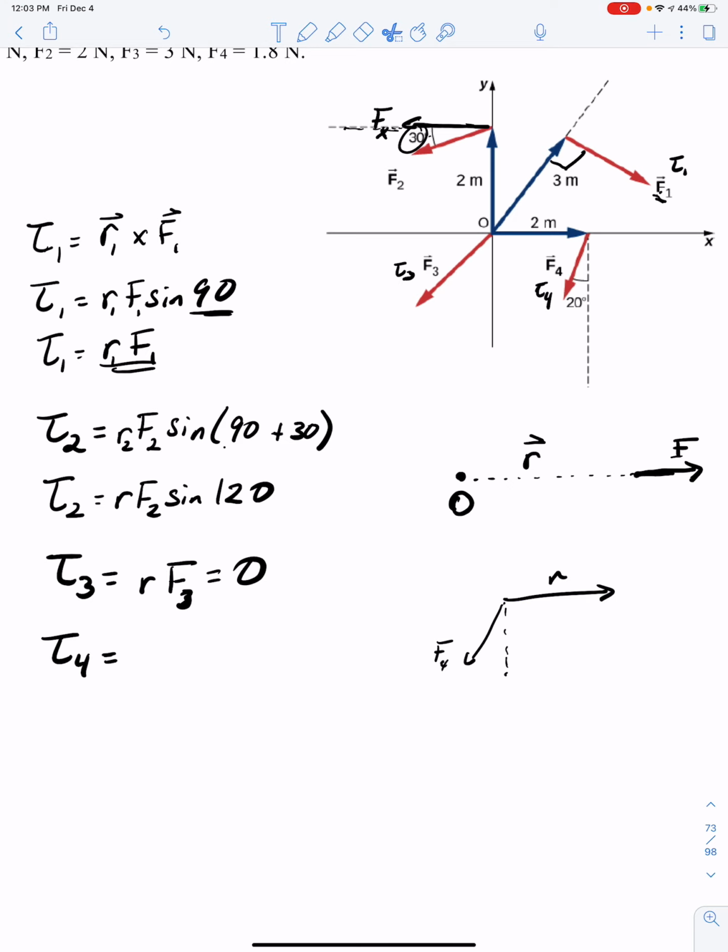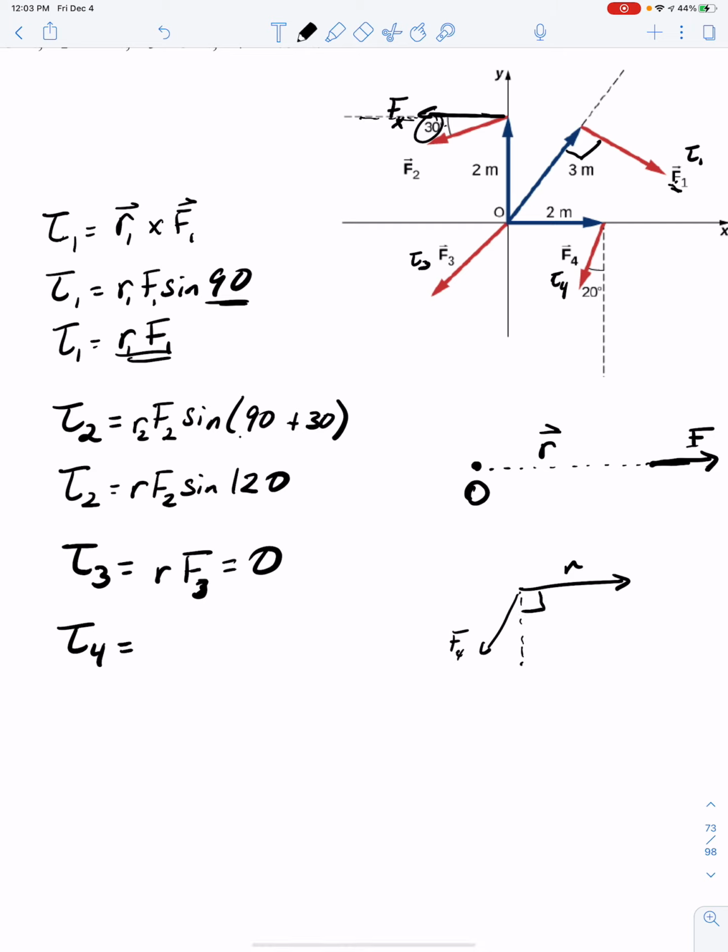Since we need the 90 degrees for the perpendicular, we just have to add the 20 degrees to make it so, and now we have sine of 110. So it would be r4 times force 4 times sine of 110, or 90 plus 20. And it's not 120, it's 110.